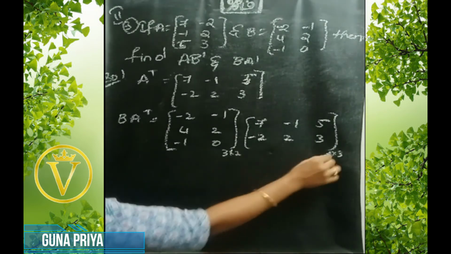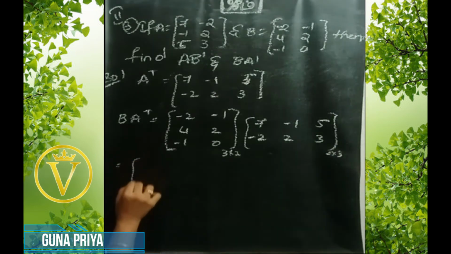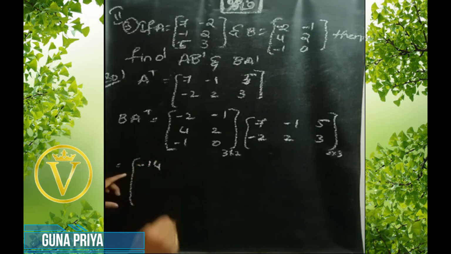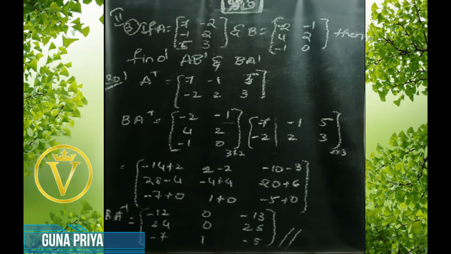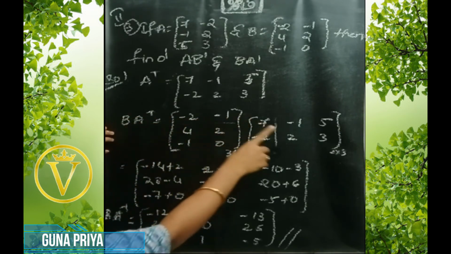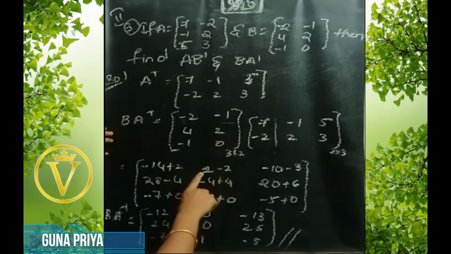Okay, the 2 is the same. Next, minus 2 into 7, 14, minus 1 into plus 2. Now, this is 14, 7 2s are 14 plus 2. Minus 2, that means minus 2 into minus 1, 2.